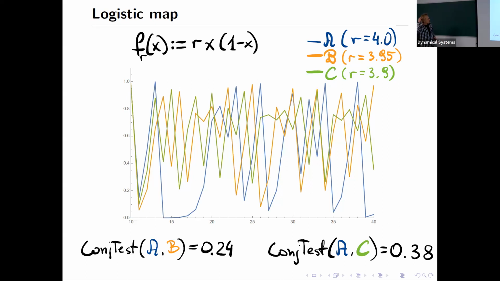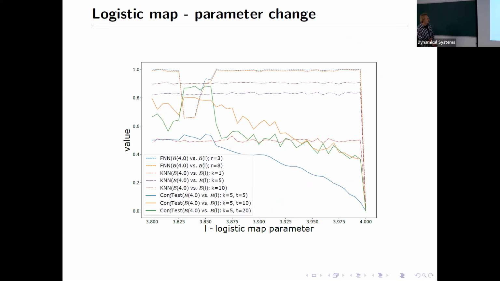We just want to see from the data if this dynamics behaves conjugately. It detects the degree of similarity of behavior of these time series. The more we perturb the parameter, the greater the value of the conjugacy test we get.